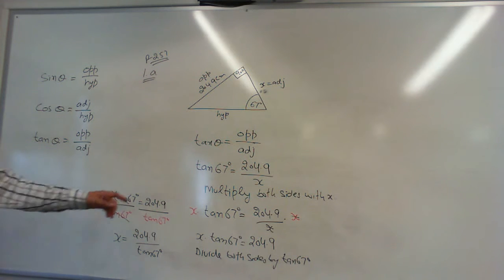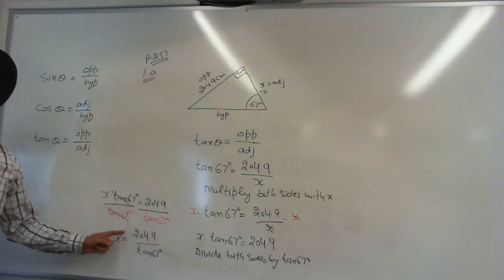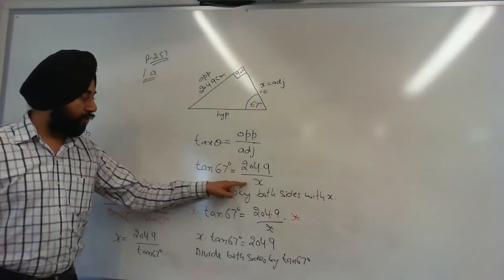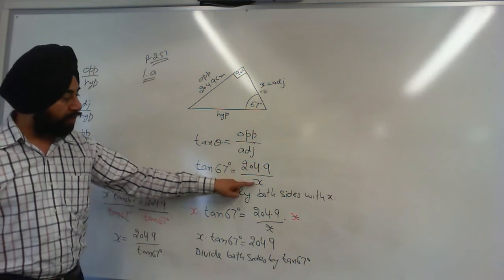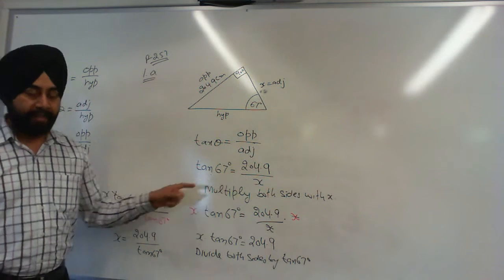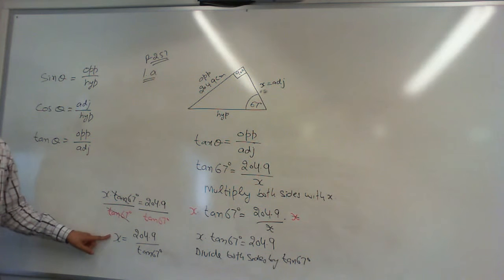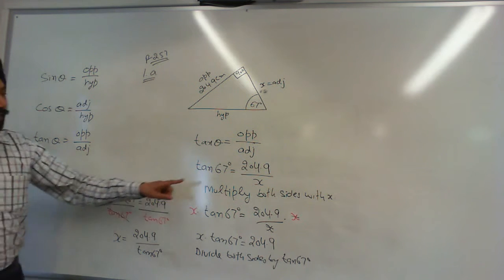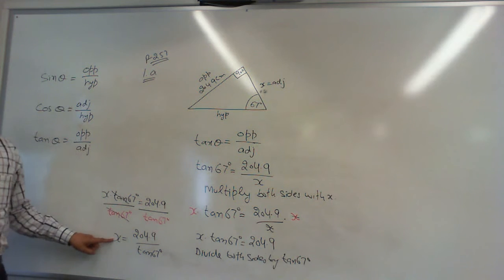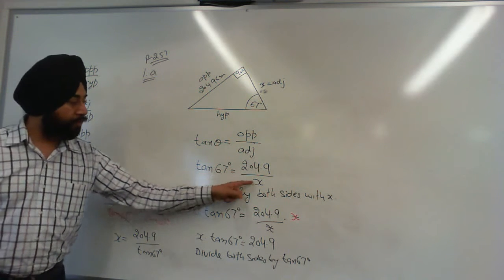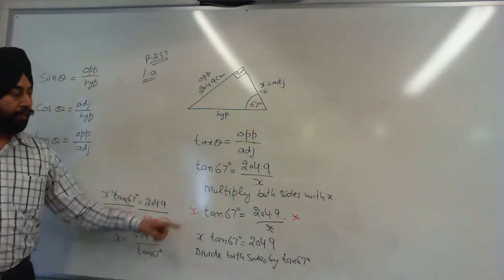So instead of going through all these steps, I would prefer switching these two numbers, because when you switch x and tan 67, x comes at the front and tan 67 goes in the bottom.